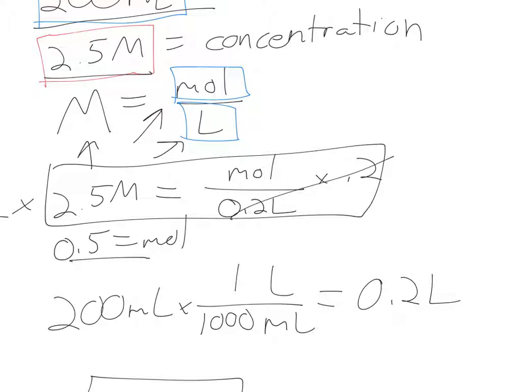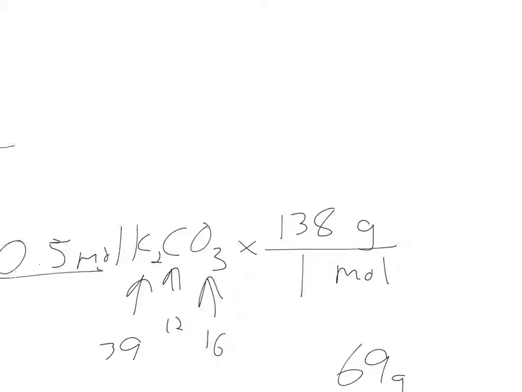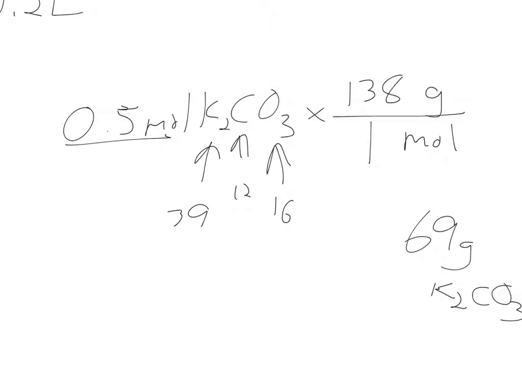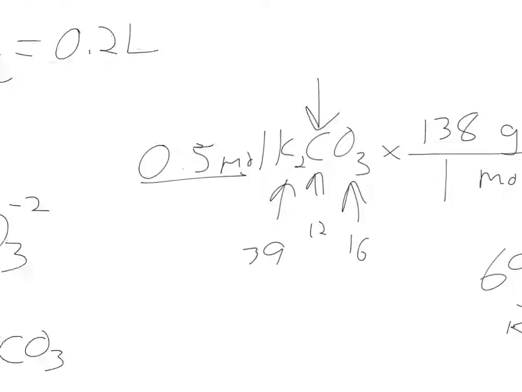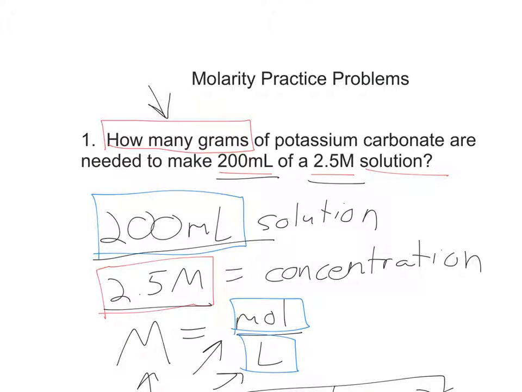In this case, the only thing I could solve for was moles, but they wanted grams, so at the very end, I did a gram conversion to change moles into grams. And in order to do that gram conversion, I had to be able to make a formula. And the clue for that formula was that I was talking about this chemical, potassium carbonate.